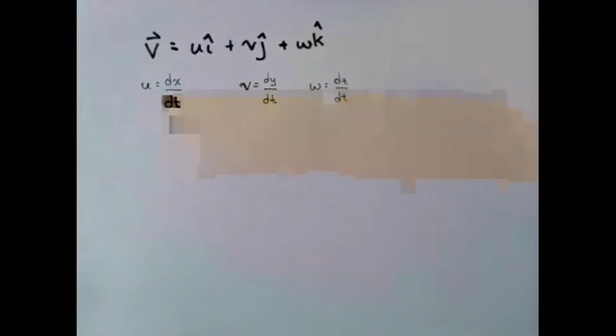So this is essentially my velocity vector with my X, Y, and Z components. Now this is velocity. And we know from physics that acceleration is essentially the derivative of velocity with respect to time, right?